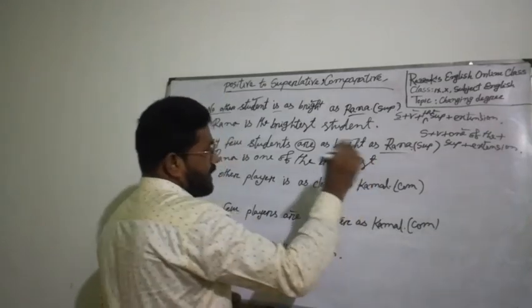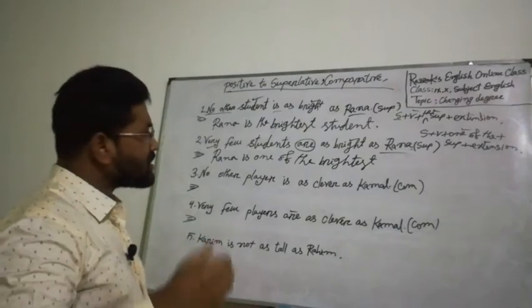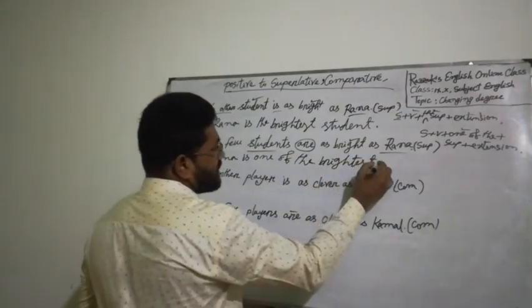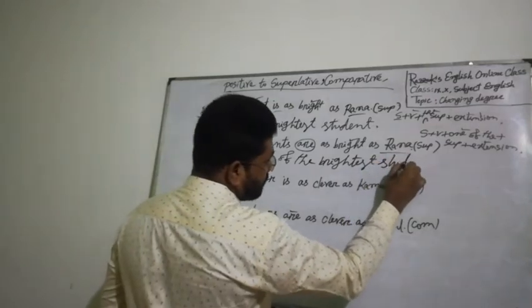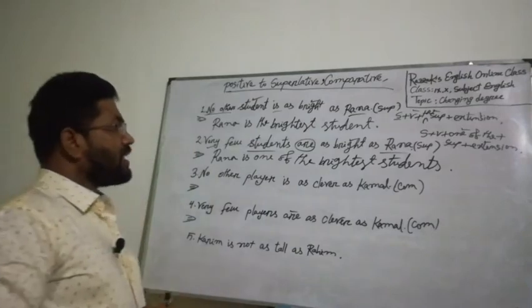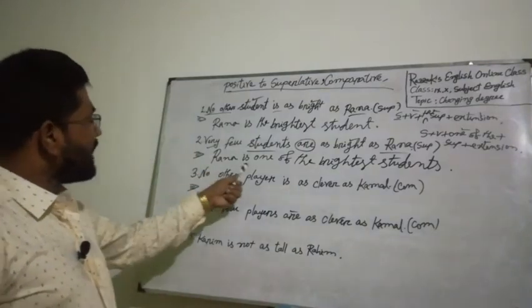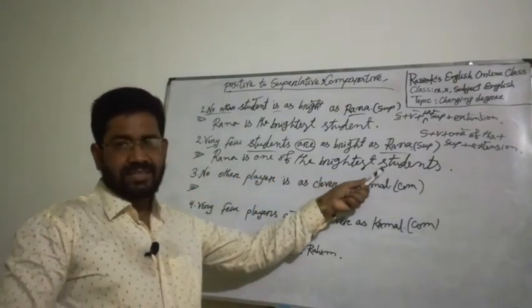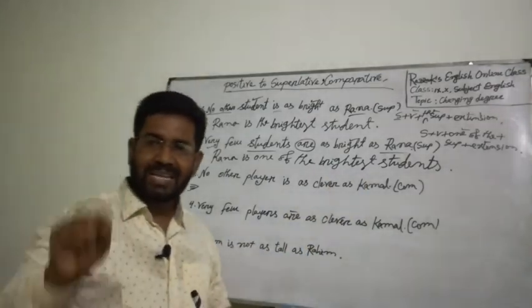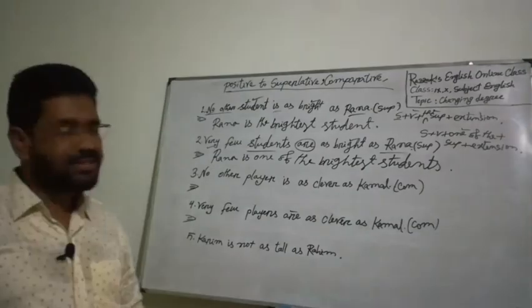And at last you should write the extension of this sentence. Extension is students. The total answer is Rana is one of the brightest students. Dear students, I think I have been able to make you understand this sentence.